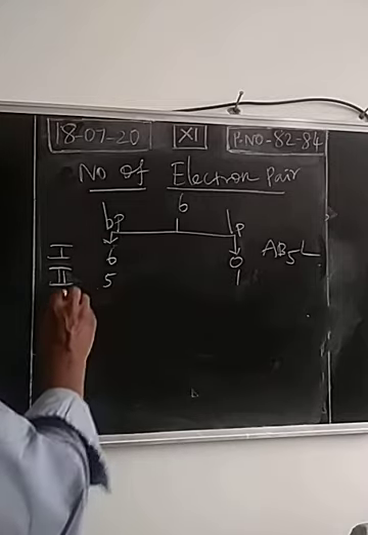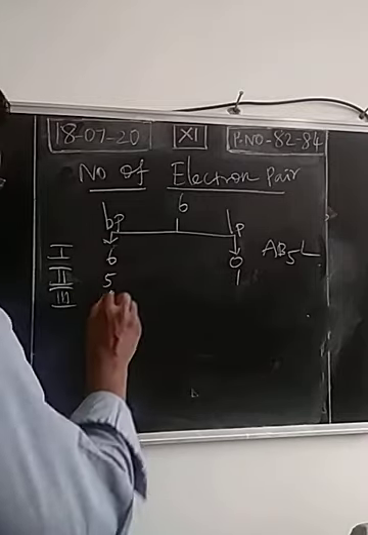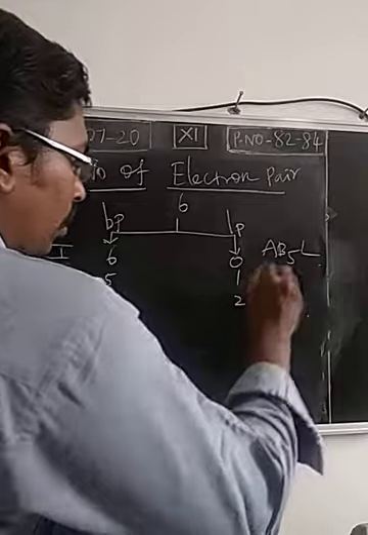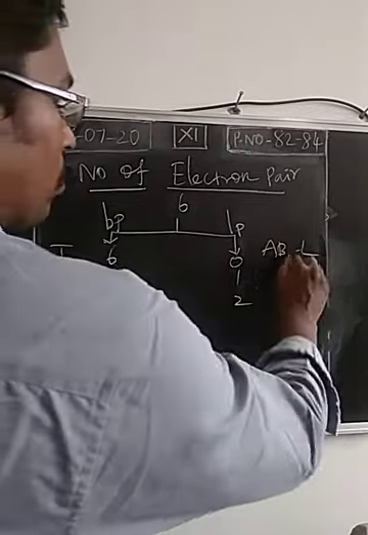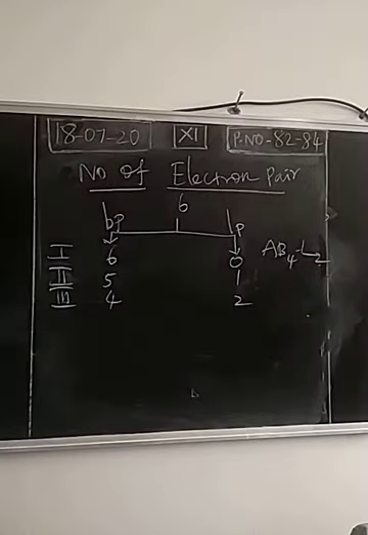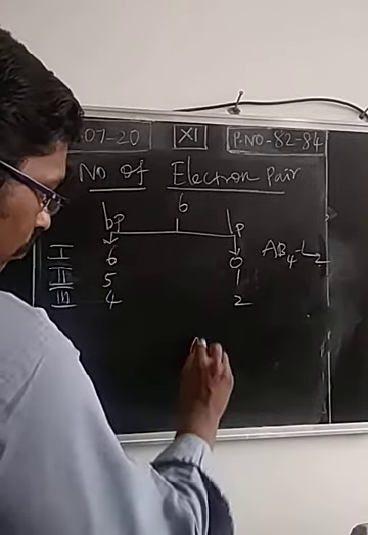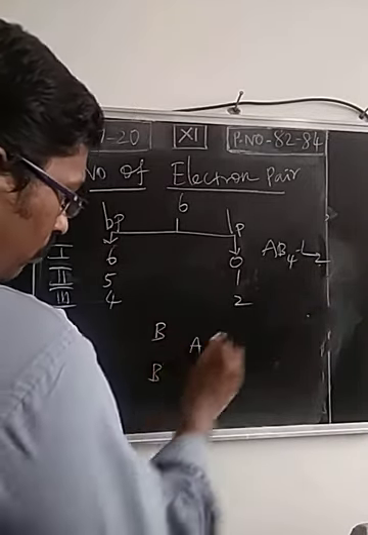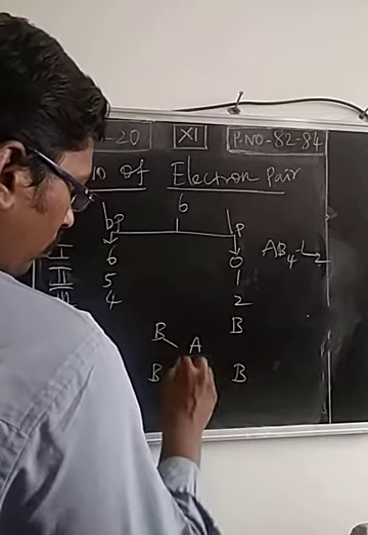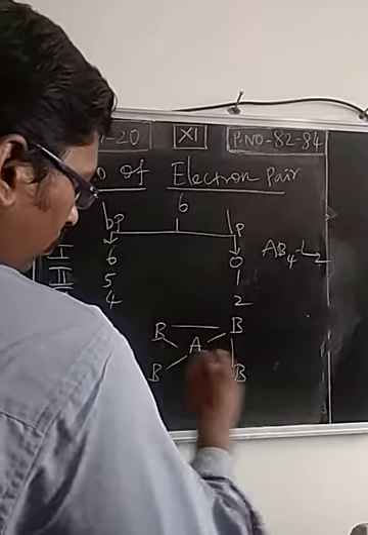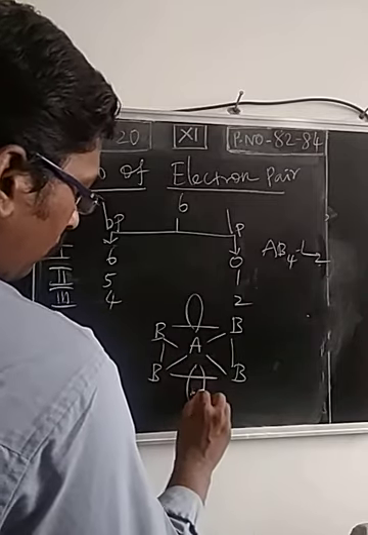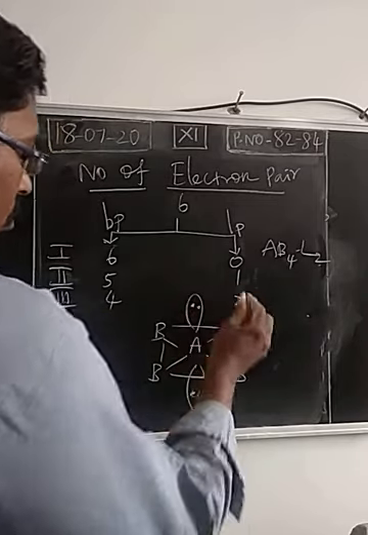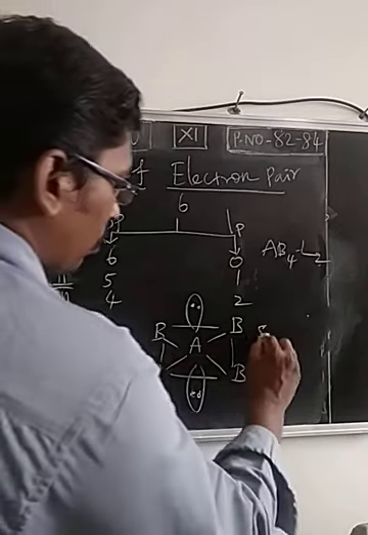Next, out of 6 electron pairs, 4 may be bond pairs and 2 may be lone pairs. This is called square planar. Okay.